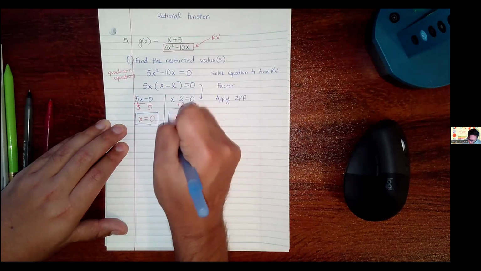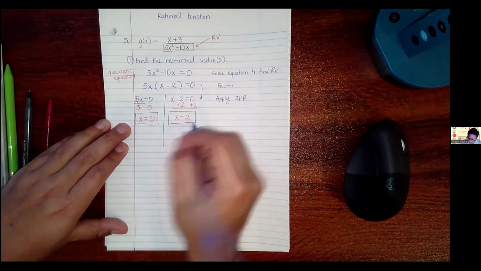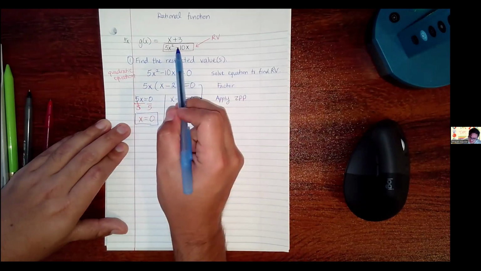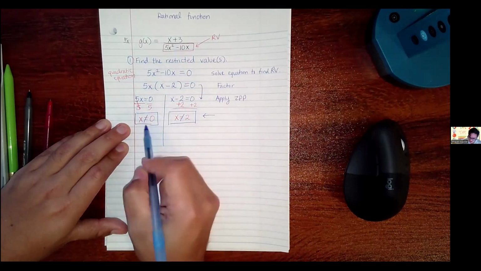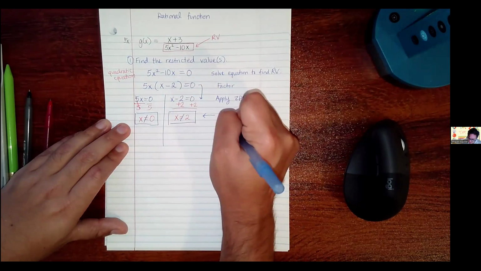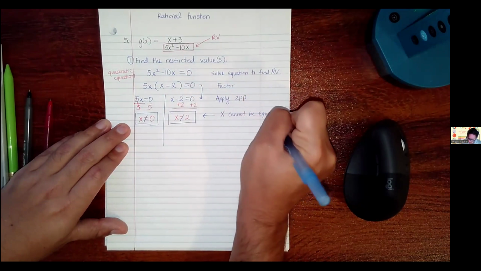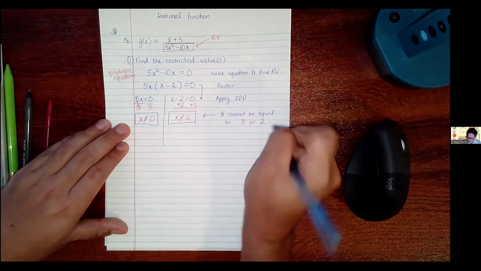Now remember, we're not just solving these equations just to solve them. We were tasked with actually finding the restricted values. So these solutions are what we would get if we zeroed out the denominator. So these are our restricted values. So what I'm going to say is that x cannot be equal to 0 or 2.